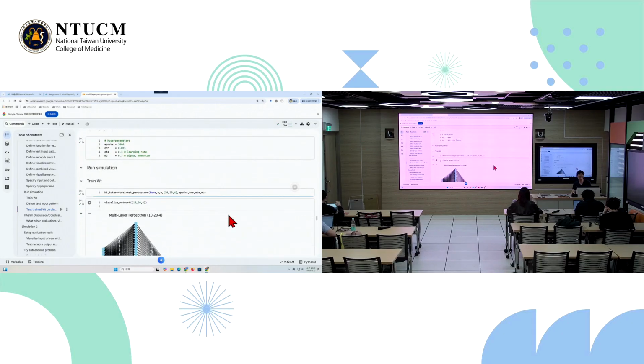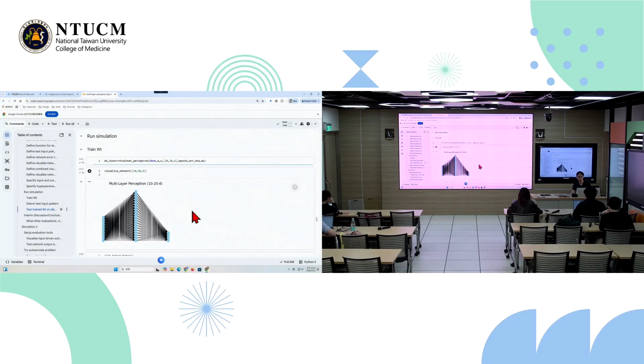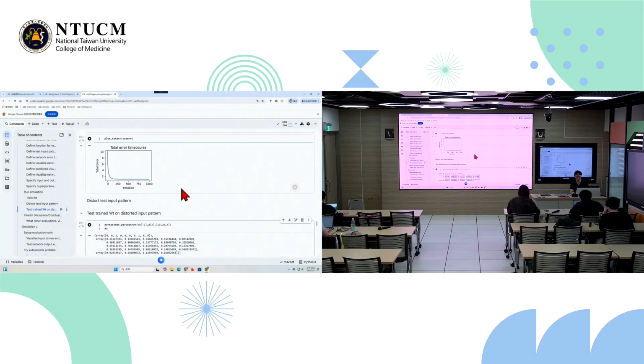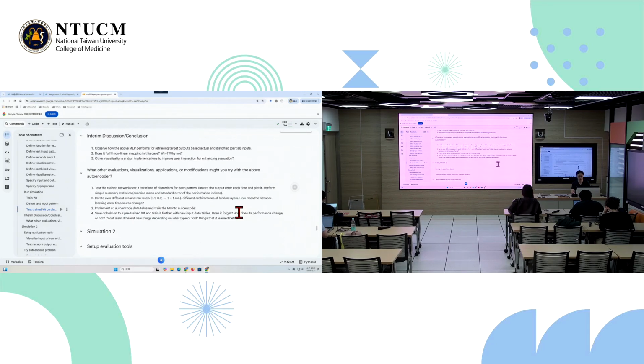So for those of you who have only done 10.4, try 10.24. For those of you who have already done 10.24, you want to try the distortion, or even 10.84 or 10.10.4, try all these various things and work on your visualizations, and then we see if you can push it beyond.